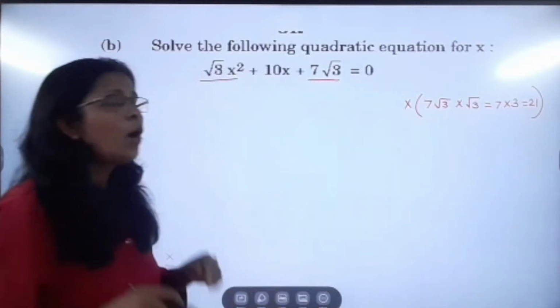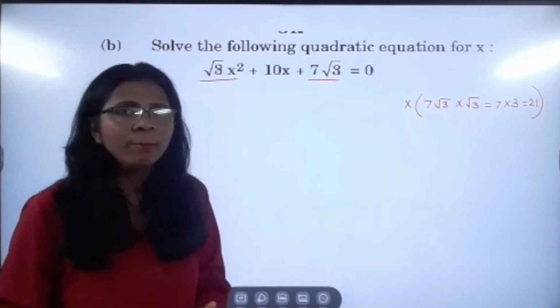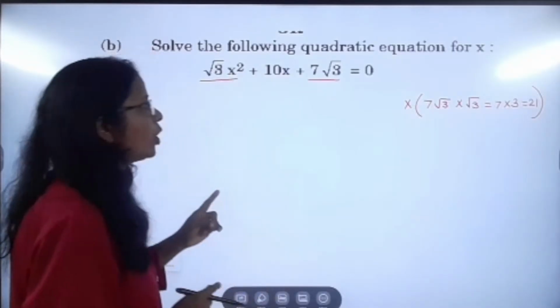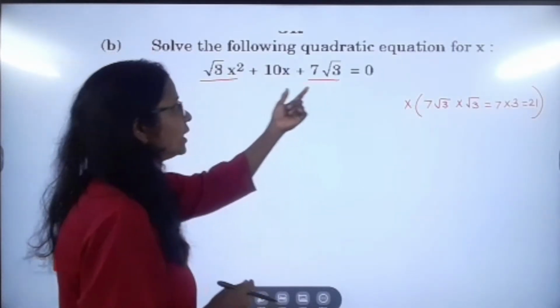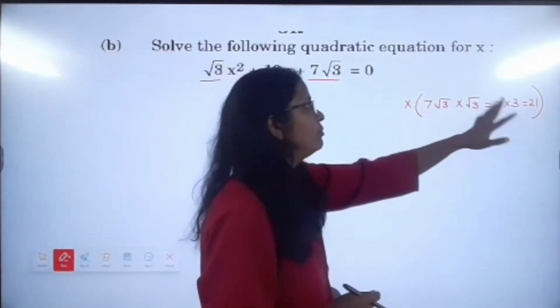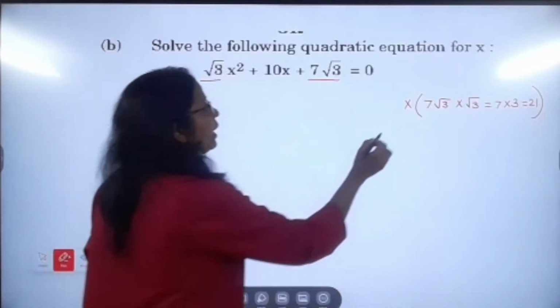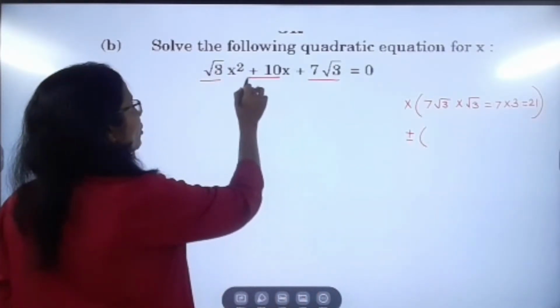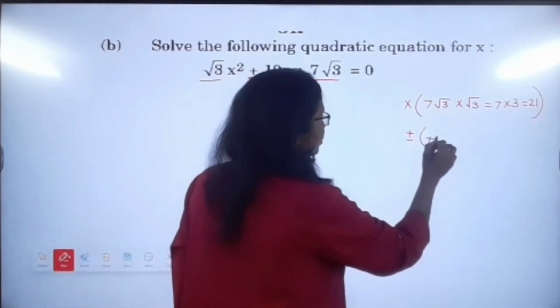Yes, we want the two numbers such that their product will be 7√3 multiply √3, that means 21, students, and their addition or subtraction will be positive 10.